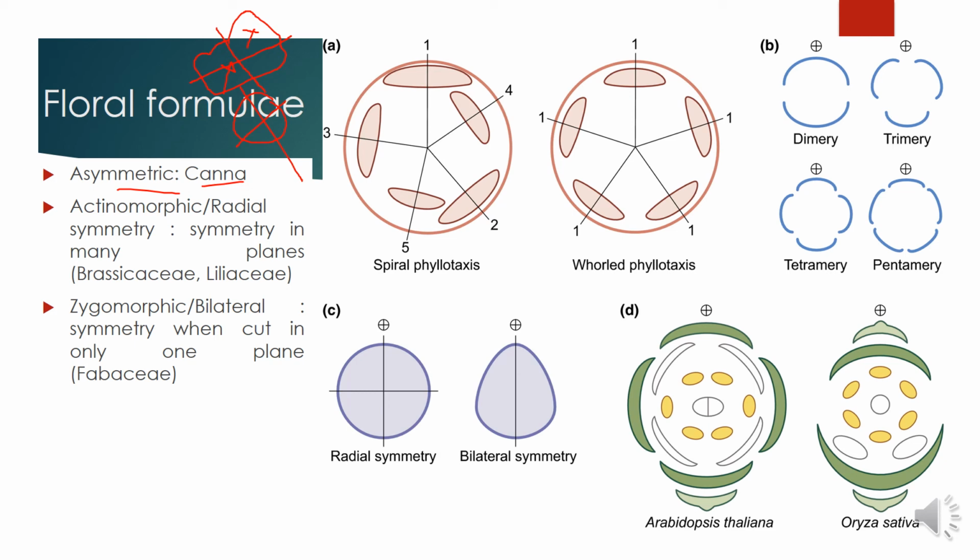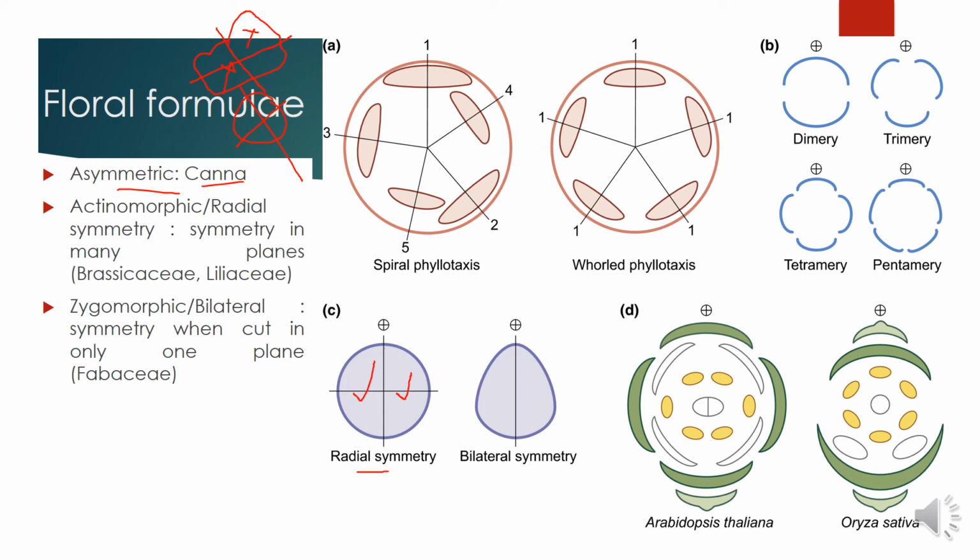And in symmetry, we see two types of symmetry. Here in radial symmetry, these are the planes of division, and in any case, for any plane of division, the parts are symmetrical.